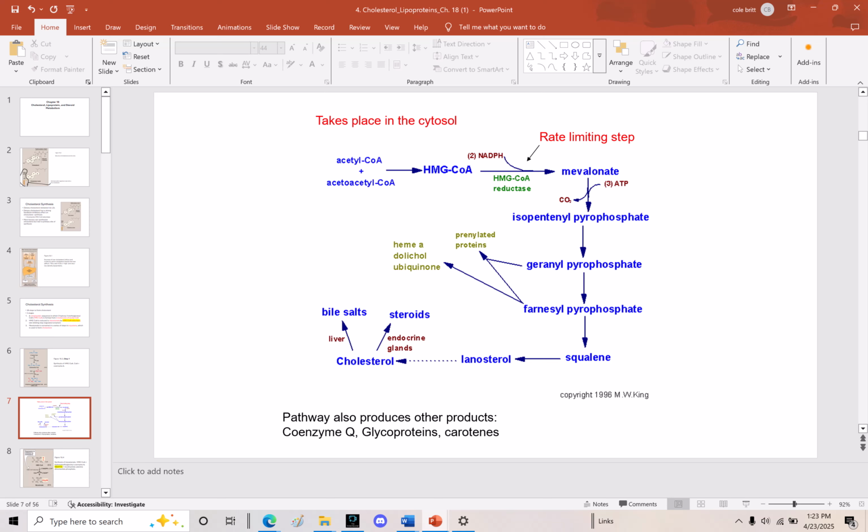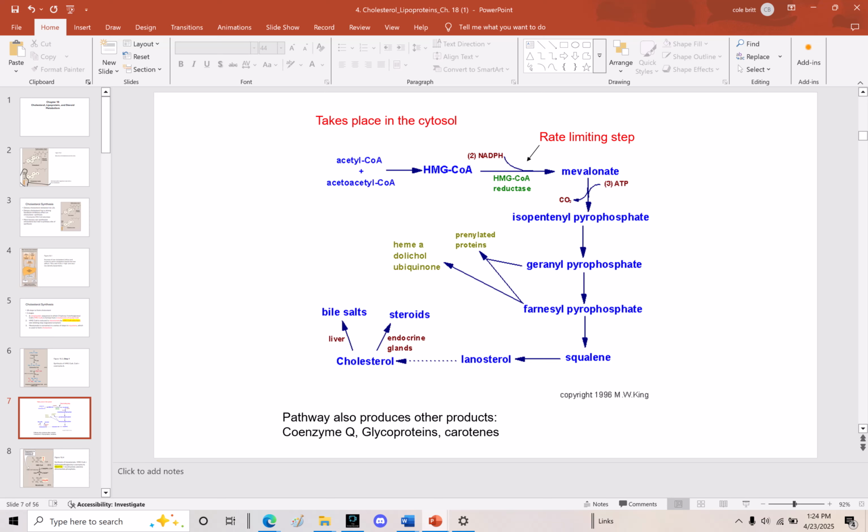We're reducing HMG-CoA to mevalonate. And this is the rate-limiting step. So this HMG-CoA reductase is that rate-limiting regulated enzyme. So that's why this step is important. HMG-CoA is reduced using NADPH to mevalonate.